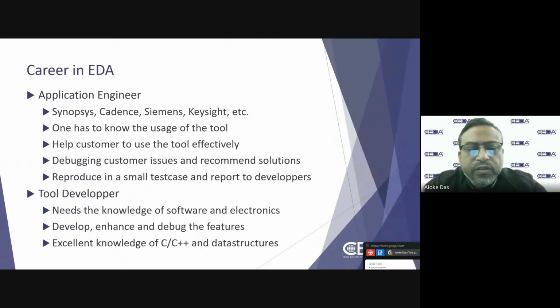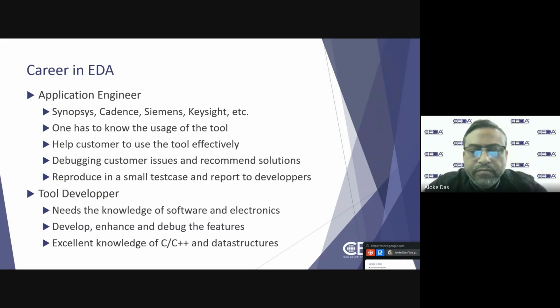Excellent knowledge of C++ is needed. Basically, these tools started being developed almost 30 years ago, so they are still written in C++. And there is another advantage from a processor standpoint. You get the best speed in C, but because of maintainability, C++ is better because it is object oriented.